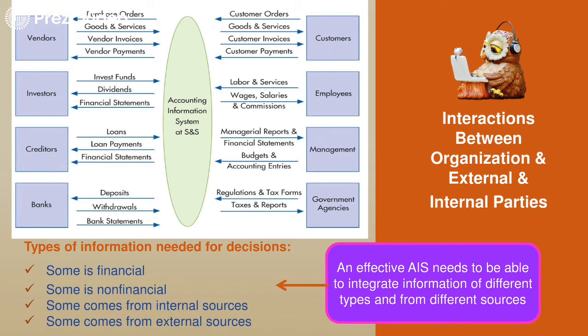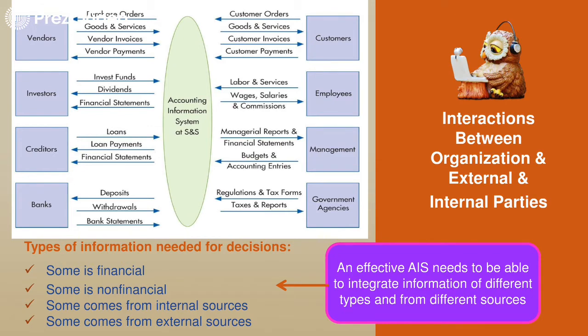Based on this figure 1.2, you can see the information goes in and out of the accounting information system at the SNS. They can get information from those parties, and the information from the system also goes out, disseminating the information to all those parties. When you go through the information in and out, you can see they have various types of information.